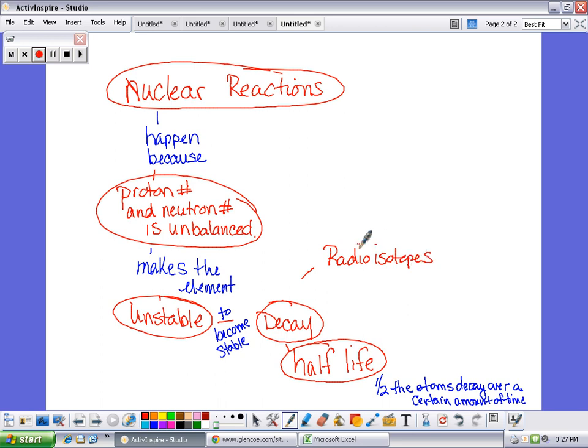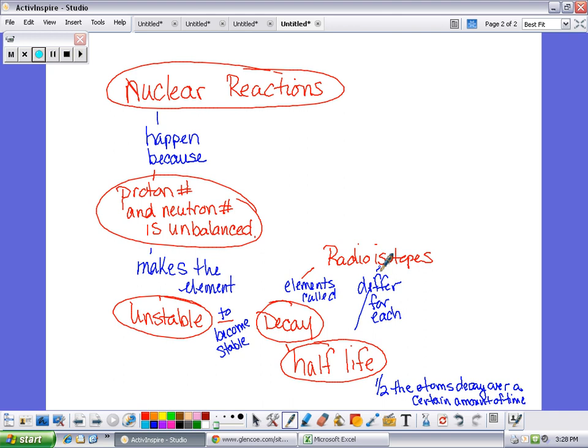And each radioisotope has a different half-life. Okay. We saw this with the straw activity and the online activity that we looked at with the decaying atoms.